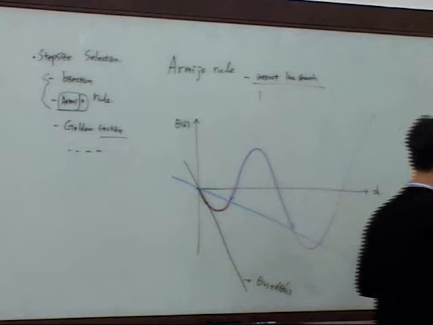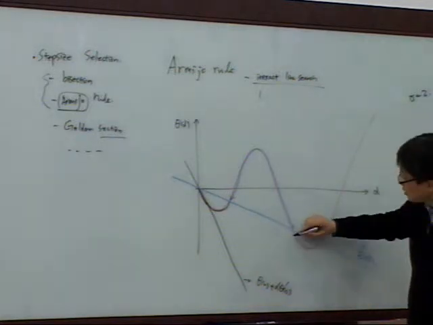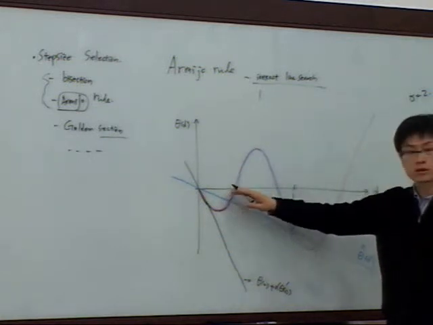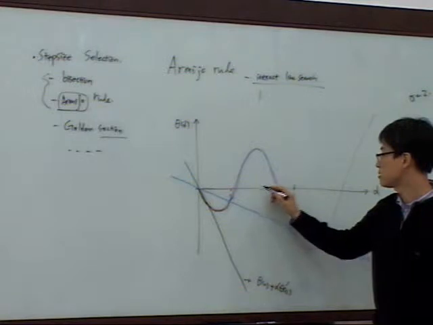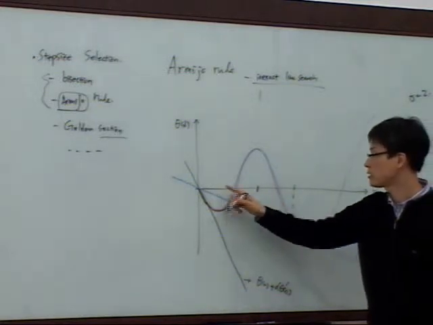So if we choose, for example, sigma as 2 for simplistic purposes, then from here to here you can reduce it to the half. So half of this is around here, and half of this is around here.